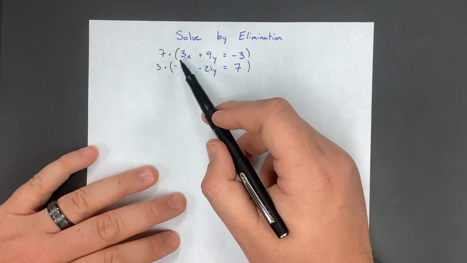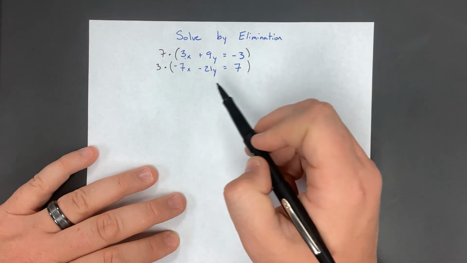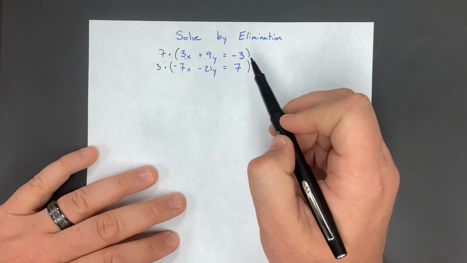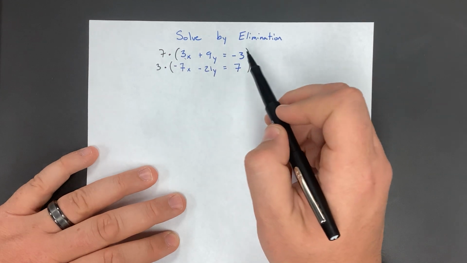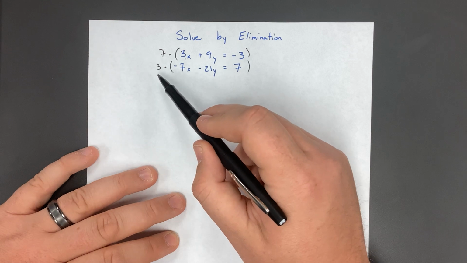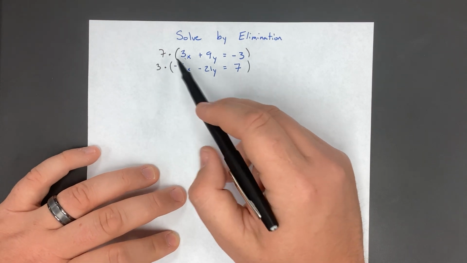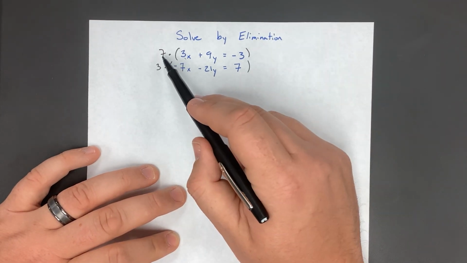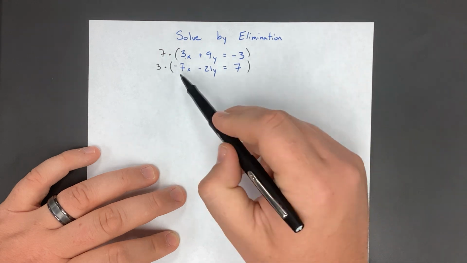Now notice, I put a parentheses around this whole equation on both of them. That's because I'm going to multiply this entire equation by 7 and this entire equation by 3. It's called scaling. I'm going to scale this equation by a factor of 7, and I'm going to scale this equation by a factor of 3.